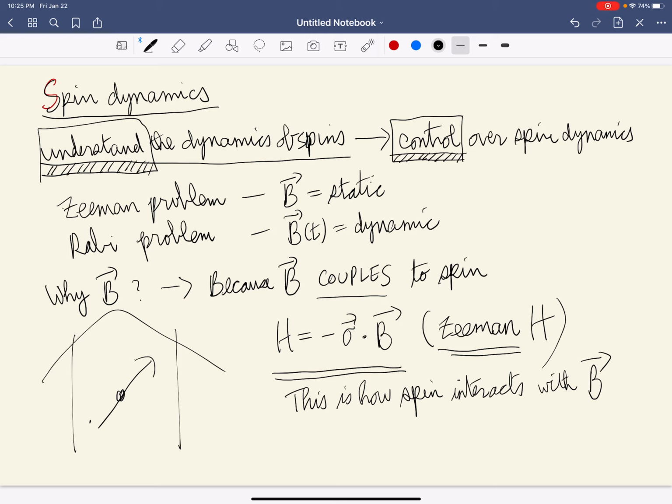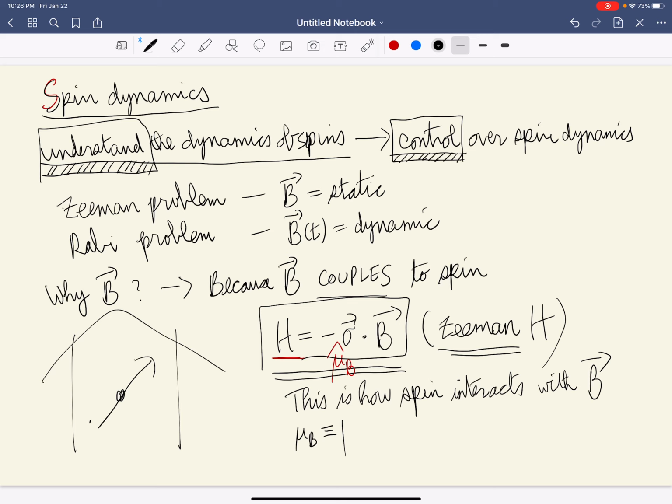And to be completely precise, there has to be something called the Bohr magneton factor over here, just to make the dimensions consistent with the dimension of energy. But for convenience, I'm taking the Bohr magneton to be basically one, so that I can work with this much cleaner looking Hamiltonian, and just focus on its solution.